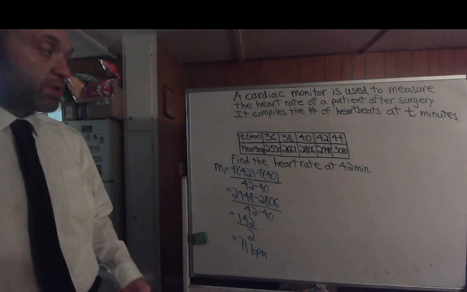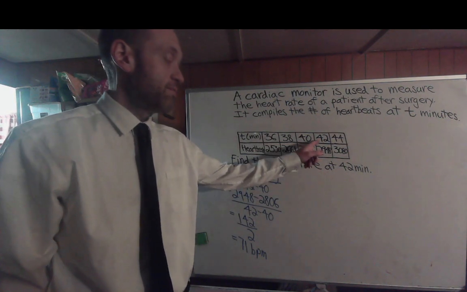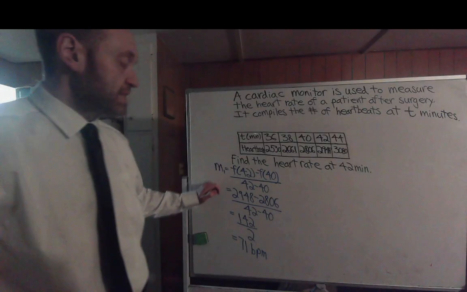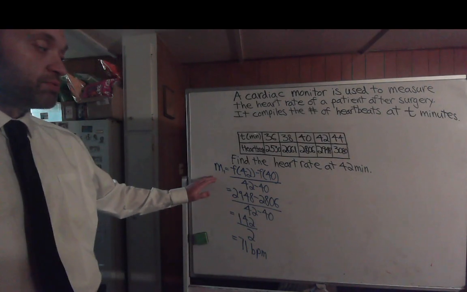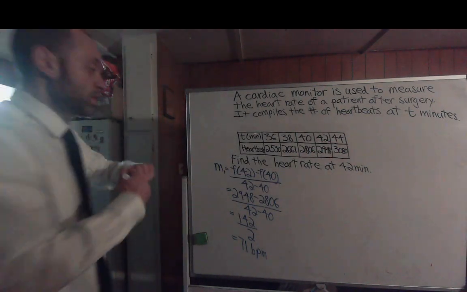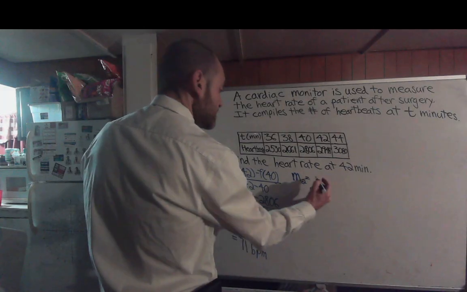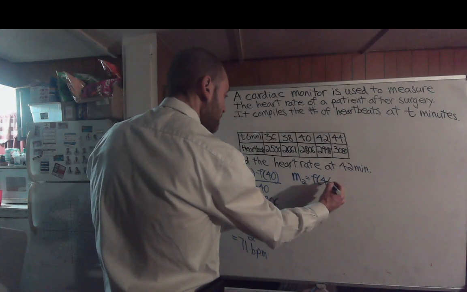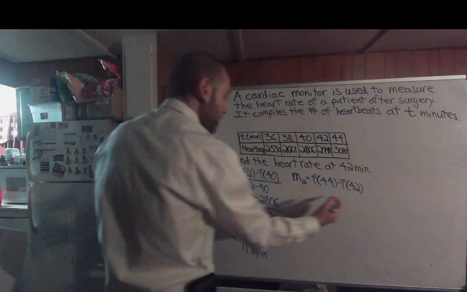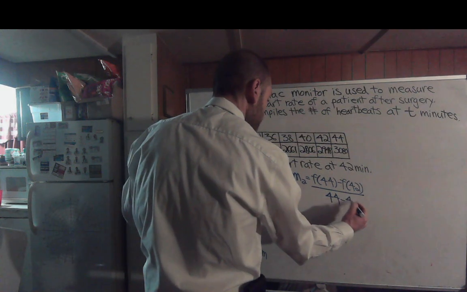Now, of course, we want to find the heart rate, which really means the instantaneous heart rate at time 42 minutes. We should probably take a second secant line slope, or a second average heart rate. This time, let's go from 42 to 44. So to find that second average heart rate, this will be f of 44 minus f of 42 all over 44 minus 42.